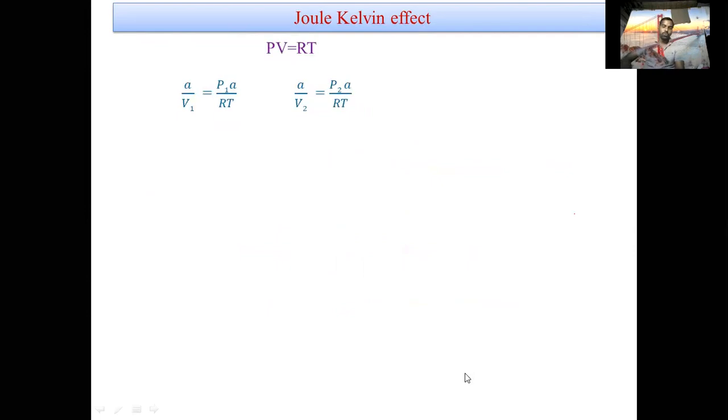Now we have to take another condition to calculate a/V. That is the perfect gas equation. We consider 1 mole of gas, so PV = RT. According to this, if V is brought to the right side, that is 1/V, and RT is brought to the left side, P/RT.